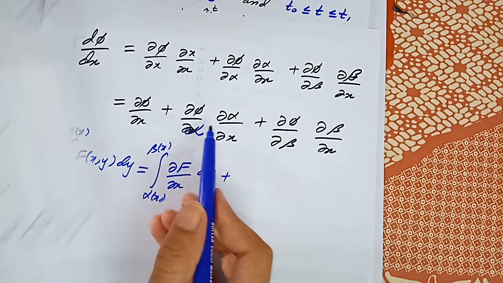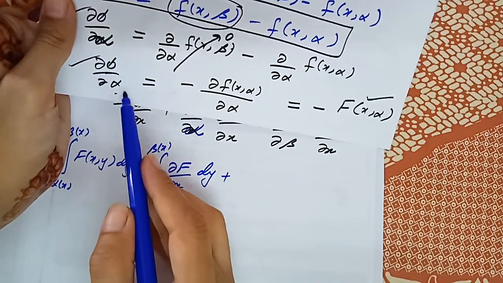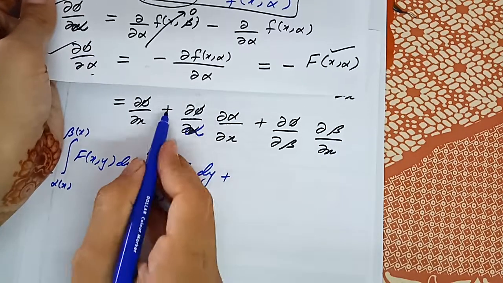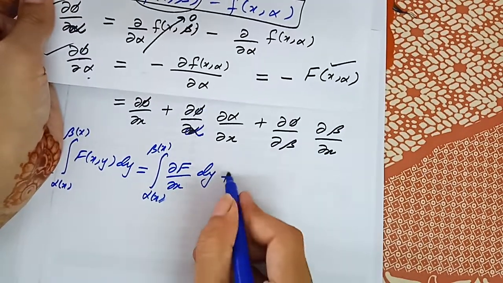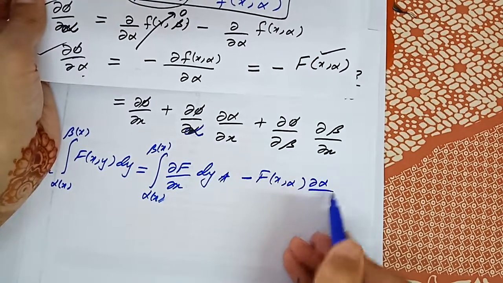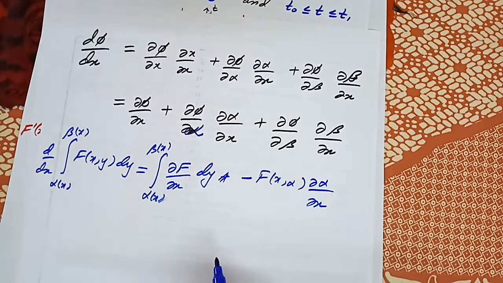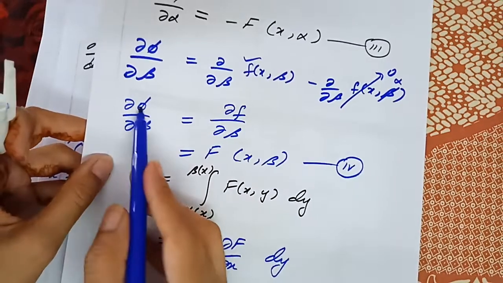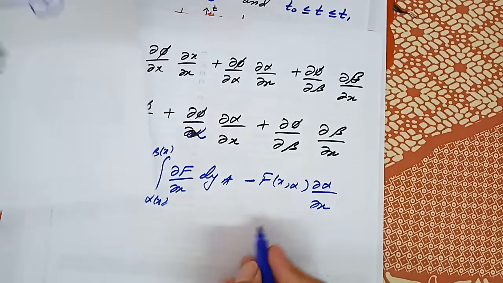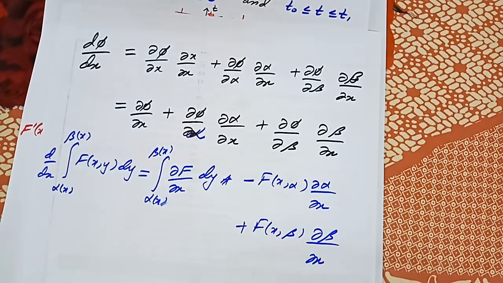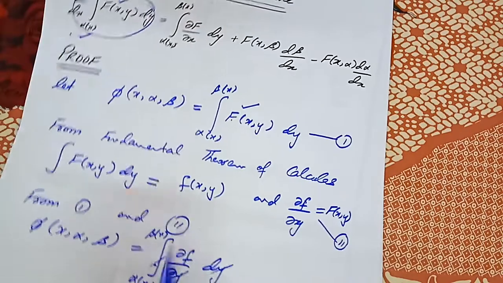What was that? Partial phi over partial alpha was minus f of x, alpha. So let's use its value. It's positive times this minus, so it's going to be minus f of x, alpha, times d alpha over dx. Now what was your partial phi over partial beta? Your partial phi over partial beta was f of x, beta. So plus f of x, beta, times d beta over dx as it is. So this is the same Leibniz rule you wanted to prove here.